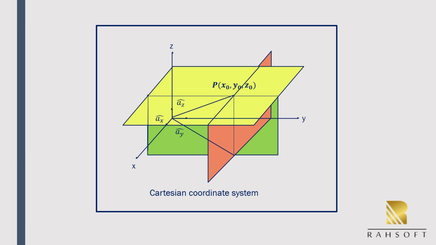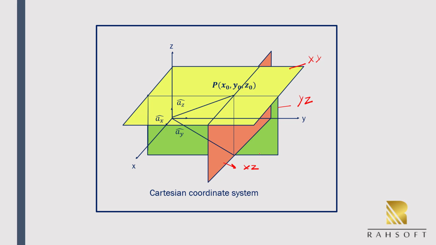So here we have three planes. You can see here in yellow color, this is the xy plane. If I talk about the green one, this is the yz plane, and this orange plane is the xz plane.